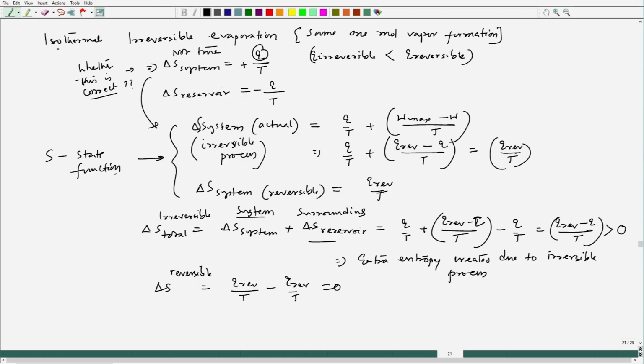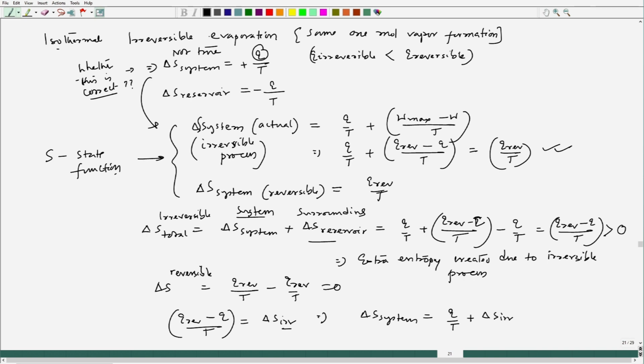So, considering system and surrounding, there will always be creation of entropy. And this quantity I can write as del S irreversible. So, I can write this equation as del S system equal to Q by T plus del S irreversible. So, this is indicating the entropy created due to irreversibility.